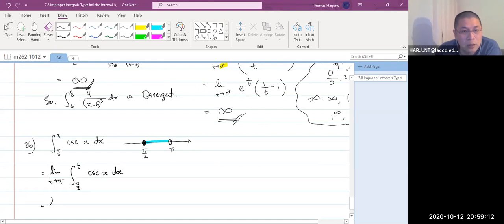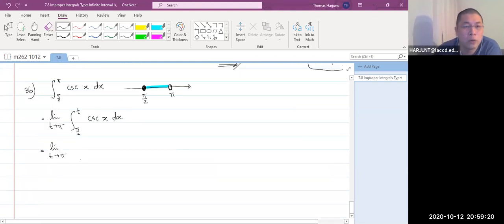I wonder what is the integral of cosecant. I think that's natural log of cosecant x minus cotangent x, from pi over 2 to t.